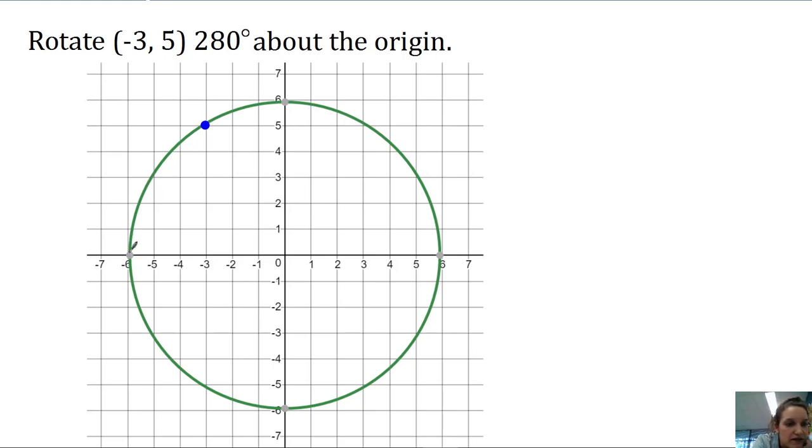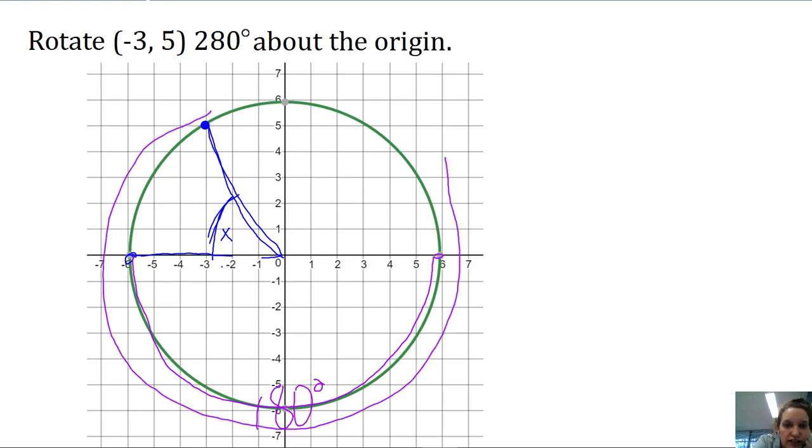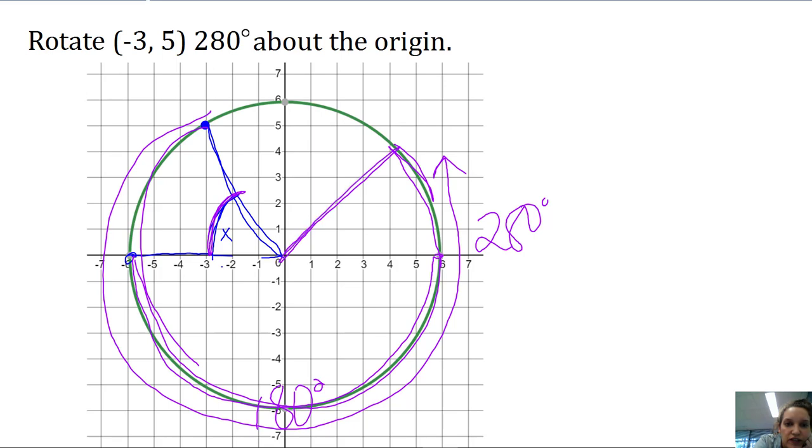If we can figure out what this angle is, then we know that to get from this point around to this point, that's 180 degrees, and in total we're going to go 280 degrees. So if we know this angle plus 180, then we can figure out whatever is left over and find the coordinates of our new point over here in the first quadrant.